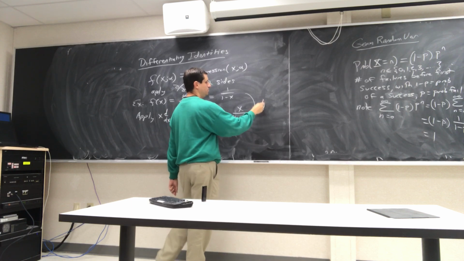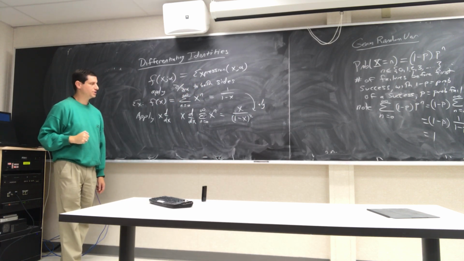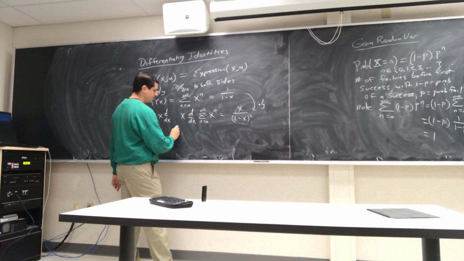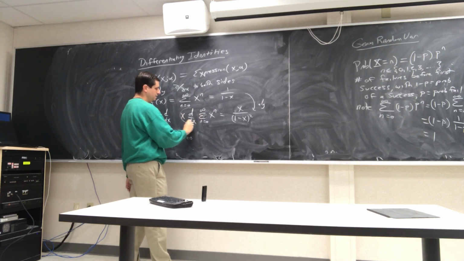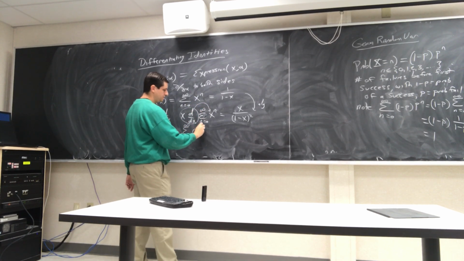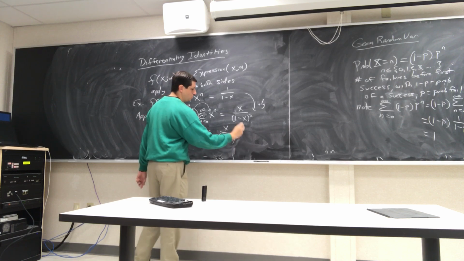Through the algebra, I'm just going to write that. So you take the derivative and multiply by x, you get the following. Well, now I'm going to flip the derivative and the sum. I'll bring this all inside, n from 0 to infinity, and when I take this inside, I'll get n x to the n is equal to x over (1 minus x) squared.